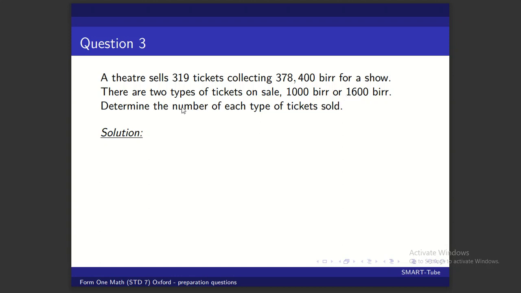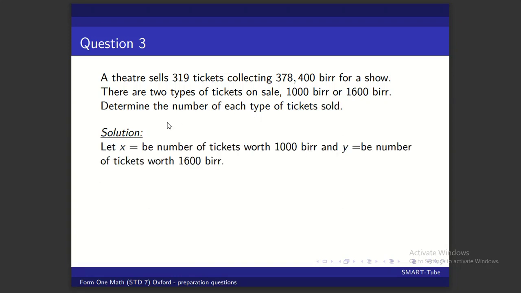You are asked to determine the number of each type of ticket sold. Again, for a word problem, I use variables and rewrite it mathematically. So let's say x is the number of tickets worth 1,000 and y is the number of tickets worth 1,600 birr.